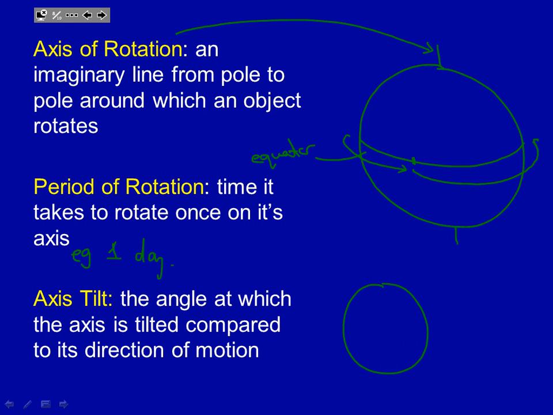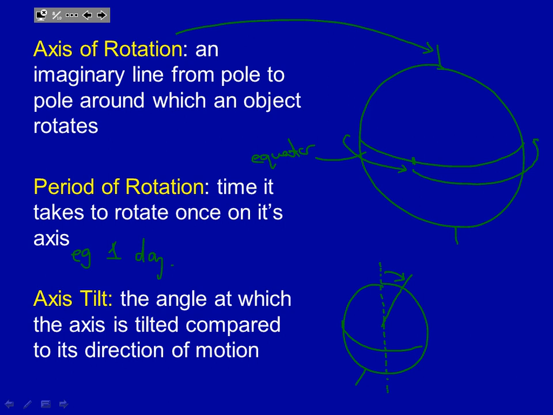This time I'm going to put the axis on an angle. Again, there's my equator. All right? And I am going to put a dashed line straight up and down to represent this angle here. That's how much the Earth is over on its side.